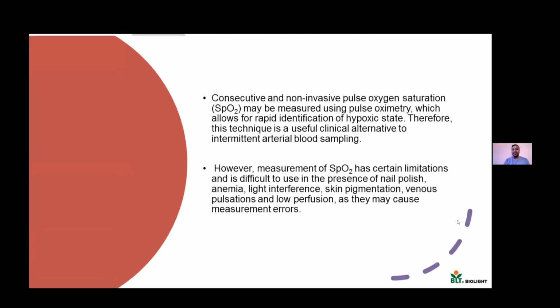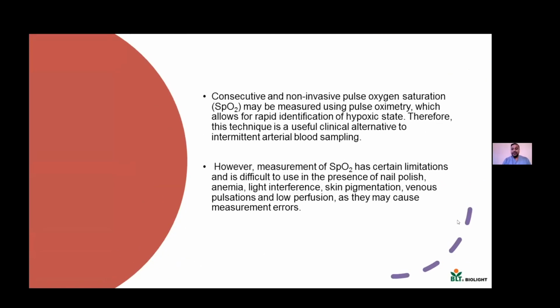Now, continuous and non-invasive pulse oxygen saturation may be measured using pulse oximetry, which allows rapid identification of a hypoxic state. Therefore, this technique is a useful clinical alternative to intermittent arterial blood sampling. This is very useful when the patient has arterial pulsation, then capillary saturation can be measured.